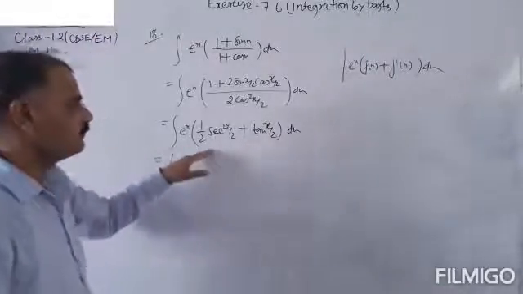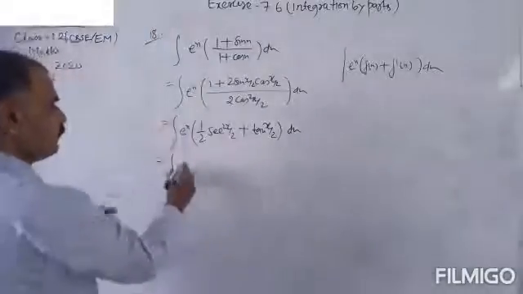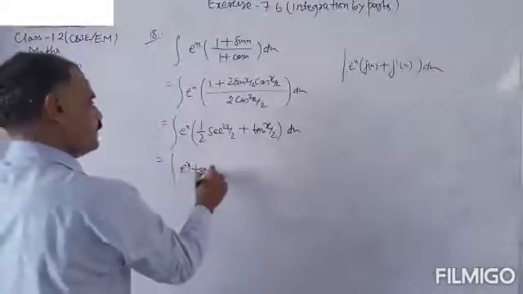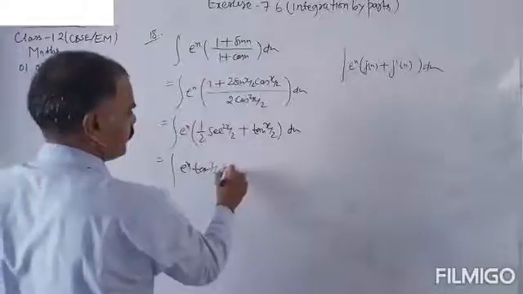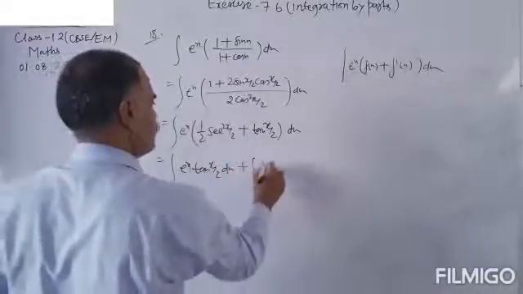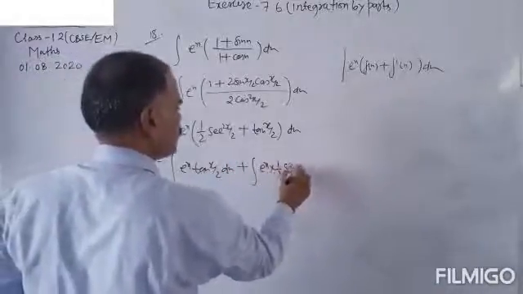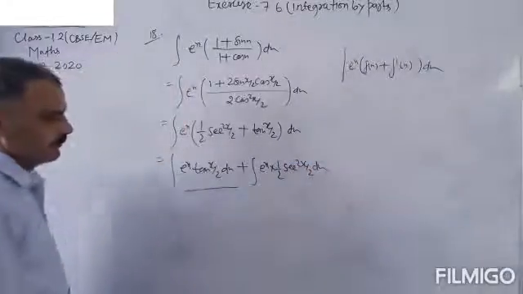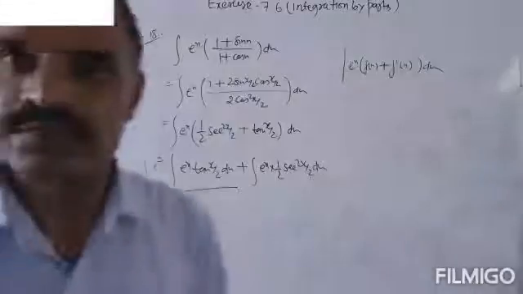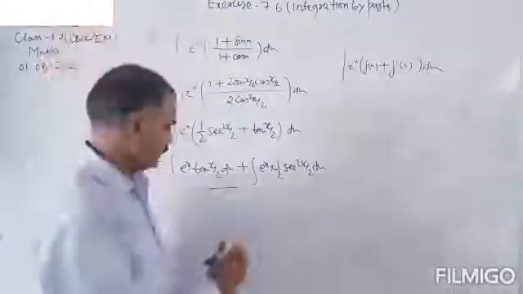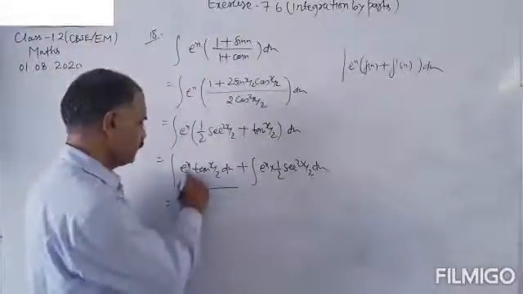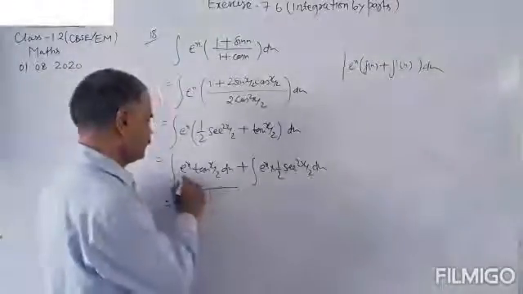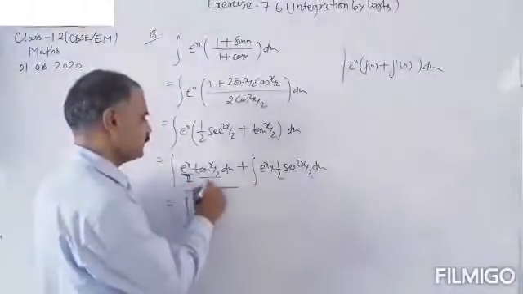Okay, tan x by 2 is the function and its differentiation is 1 by 2 sec square x by 2. So e to the power x tan x by 2 dx plus e to the power x 1 by 2 sec square x by 2 dx. Now integrating this function using by parts integration, e to the power x dx is the second function, and this is the first function.